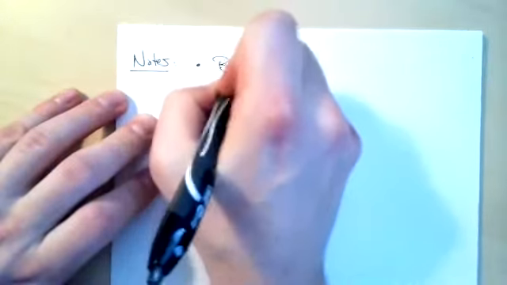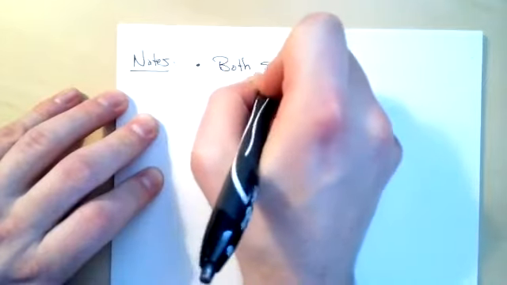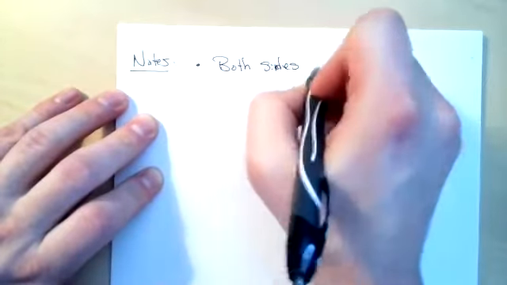So some properties of our limits. And just some notes. For the full limit to exist, both sides must agree.